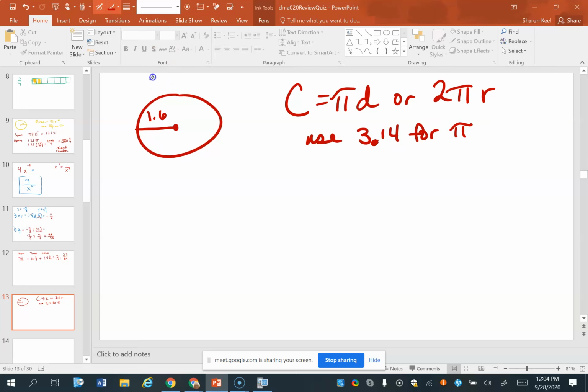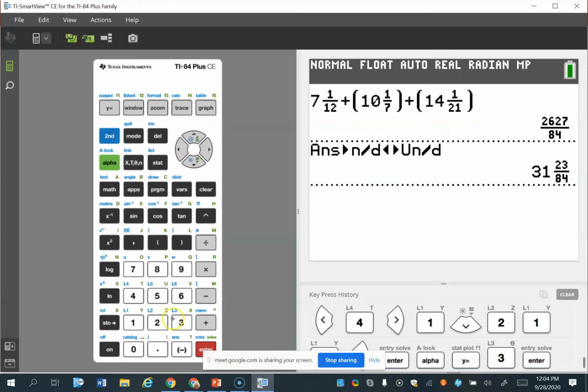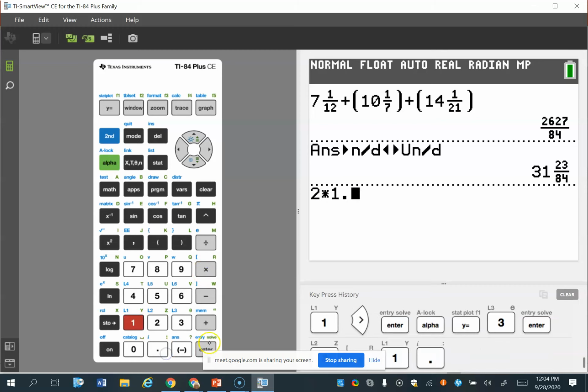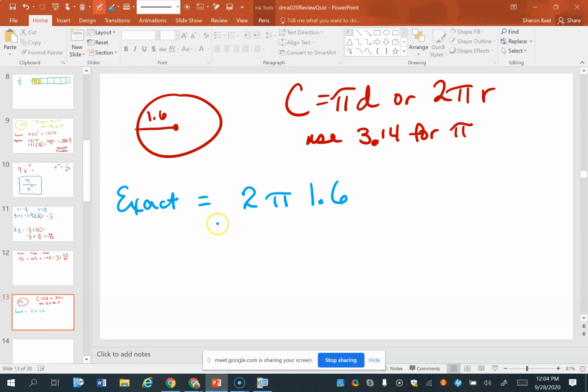We're going to solve this 2 ways. We're first going to give the exact answer. The exact answer is going to be 2 times pi times 1.6. Because we were given the radius, it has to be doubled to give us the diameter. So 2 times 1.6 is going to give us 3.2, so my exact answer is going to be 3.2 pi.